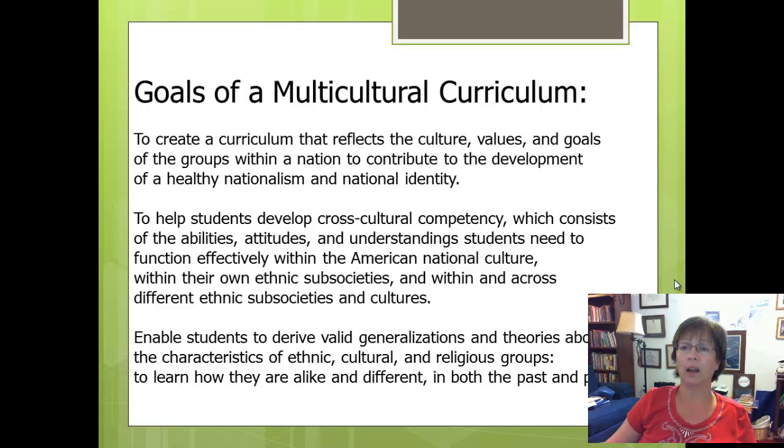What are they hearing when they see a Muslim woman dressed in traditional garb walk through the grocery store, or walk through the streets? Or what does it mean when they see an African American dressed in their contemporary garb as well? So what are they thinking? How are they developing an understanding of the different cultures which are surrounding them?